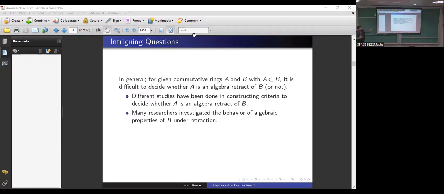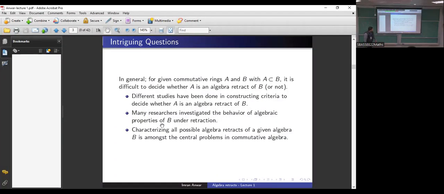So people are trying to address this problem. And characterizing all possible algebra retracts: if you are given an algebra and you are asked to characterize all possible algebra retracts of that given algebra, this is also among the central problems in commutative algebra.